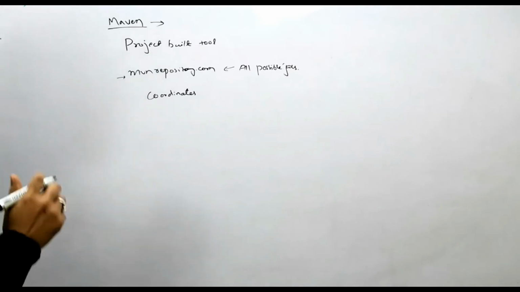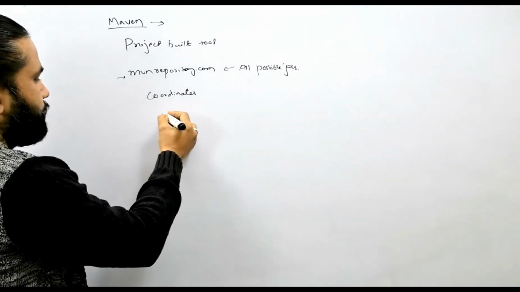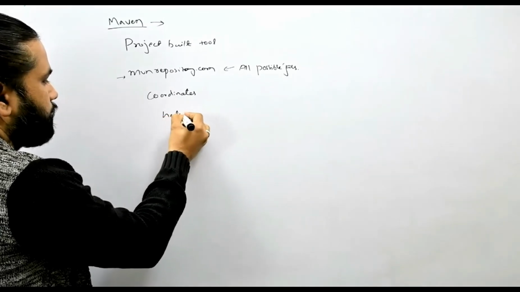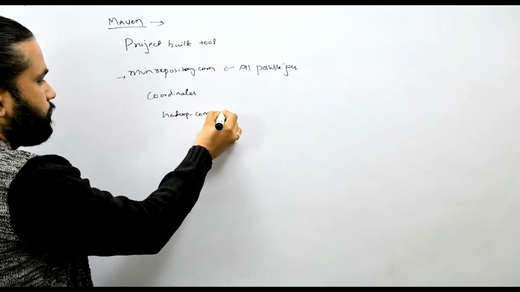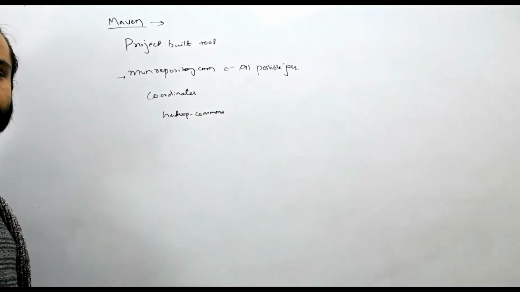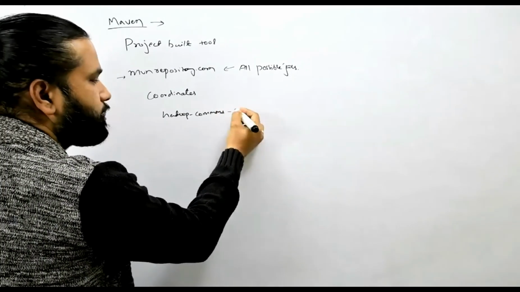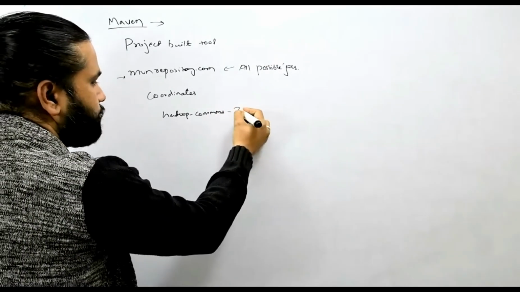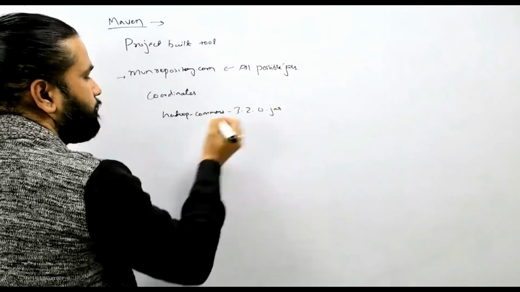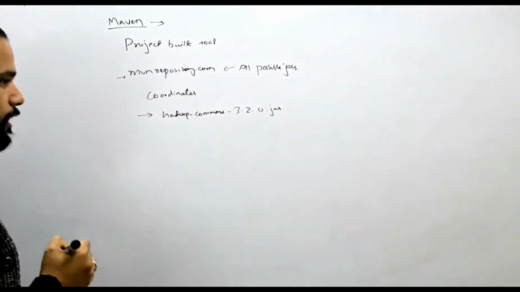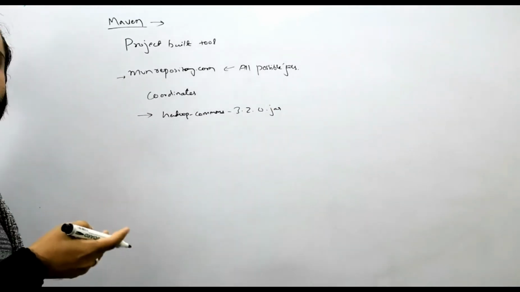Let's say I have a file, and the file name is Hadoop Commons. Let's assume this is a jar file. Every jar file will usually have some version, isn't it? Let's say 3.2.0. Now to represent this jar file in Maven, you need three pieces of information.